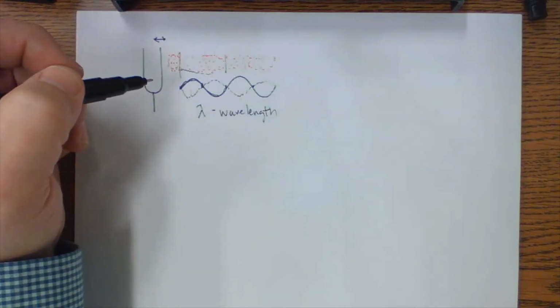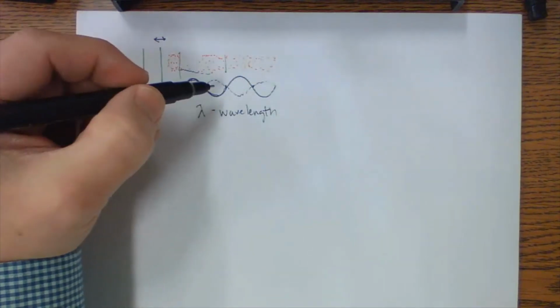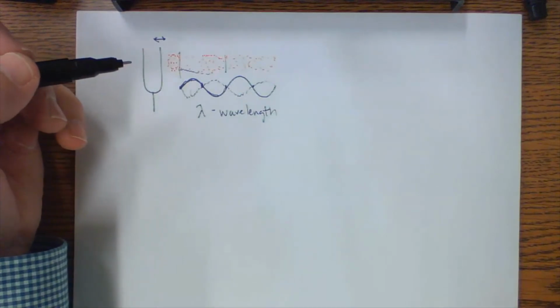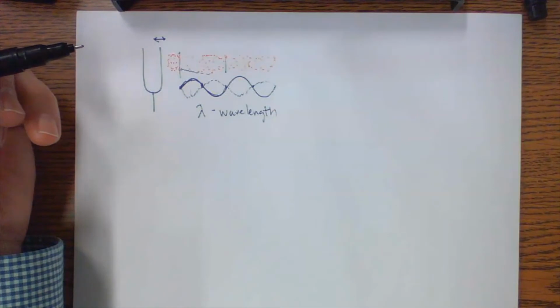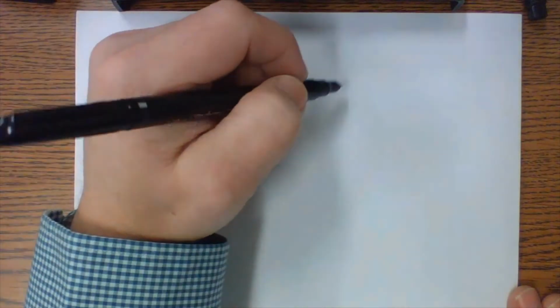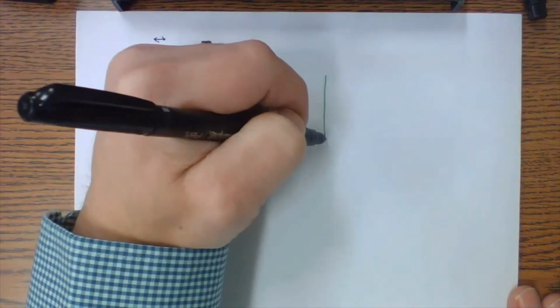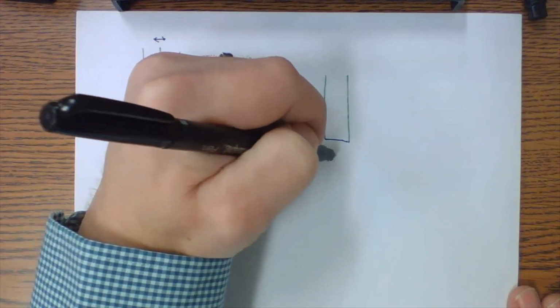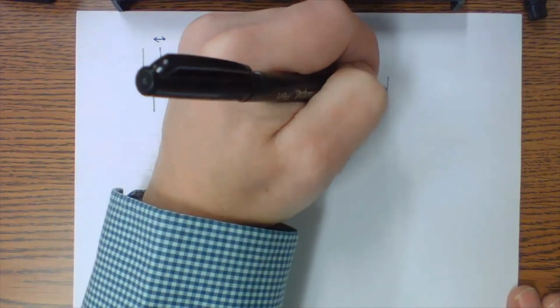Now when we look at that wavelength, we say, well, that wave can go into an object like a tube that it could then force to become resonant or force to vibrate. So we say that the air column is going to vibrate. Now we have two types of tubes that we can use. We can have a closed tube, or we can have an open tube.